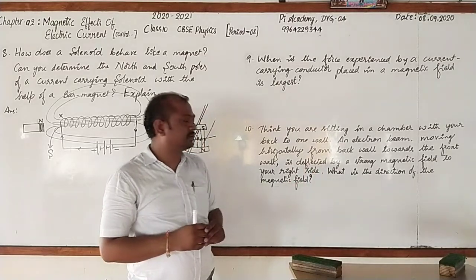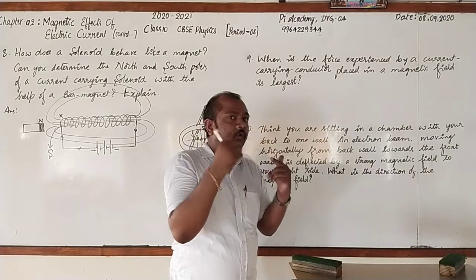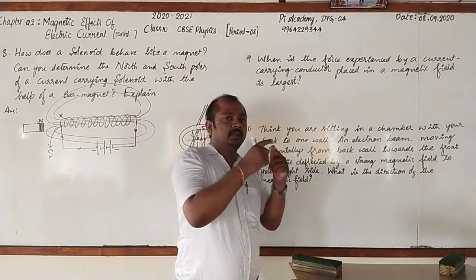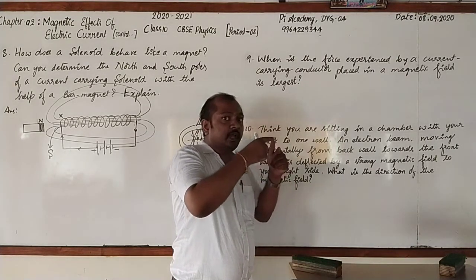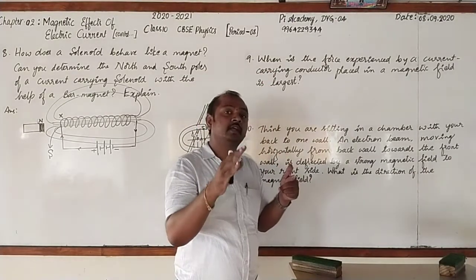Then what is the direction of the magnetic field? We know that, dear students, if the current is taken along the direction of the electron, we call it electron current.